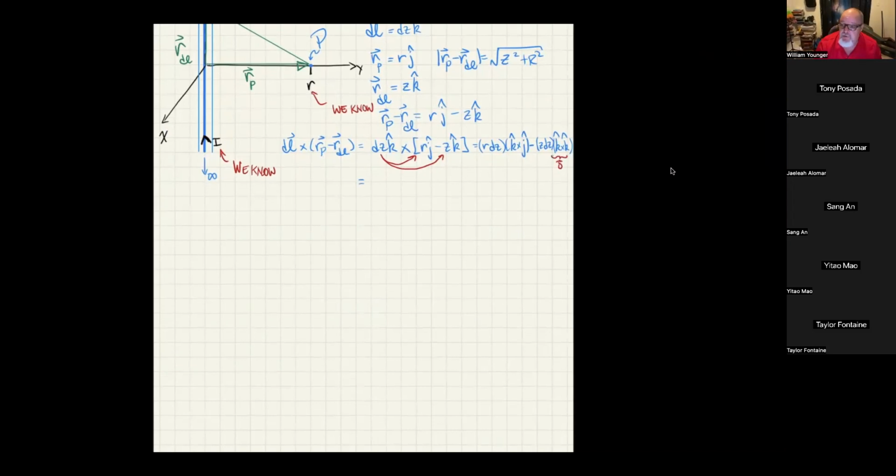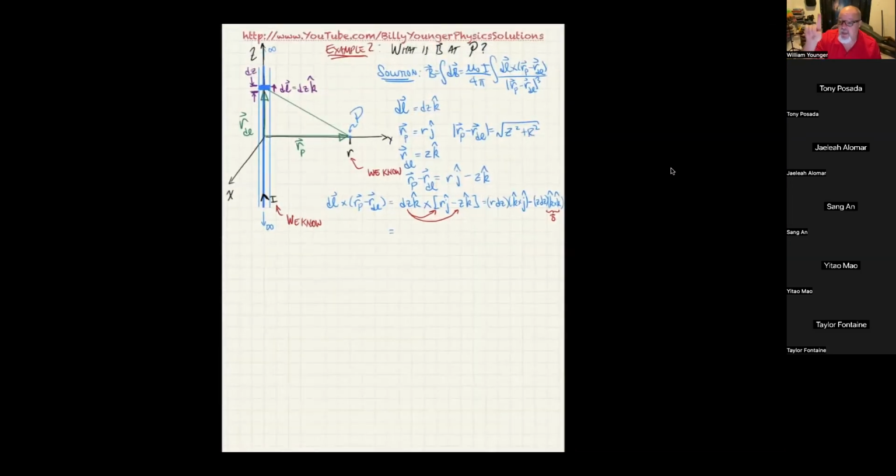If you stick your index finger in the direction of the z axis, which is k hat, that's up, and then you put your middle finger in the direction of the y axis, which is to the right, you'll see that your thumb points into the board, which is the negative x direction, or negative i hat, which is what I told you that we predicted. So this part's just going to be negative i hat. So now this whole cross product is just negative R dz i hat.